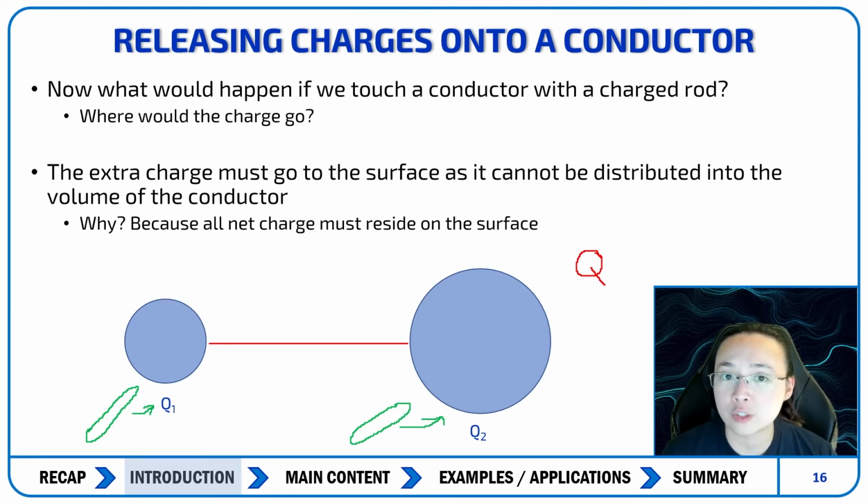And so the charges are going to redistribute until they act as one conductor. And the requirement for a conductor is that its surface must be an equipotential. So the guarantee for us is that any point on the surface of conductor 1 or conductor 2, whether it's here or here, must be at the same potential. So if you want to figure out the charge distribution on conductor 1 and conductor 2, all you have to do is set V1 equal to V2, where each V is equal to kQ over R, and then just rearrange to solve for Q for each conductor.